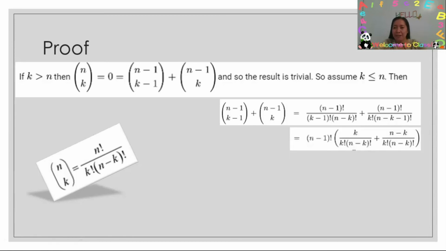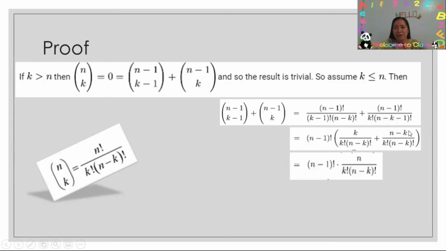What happened here is we do factorization. So we factor out n minus 1 factorial and simplify the left terms in this side here, and get their common denominator k factorial n minus k factorial. Then move to the next portion.